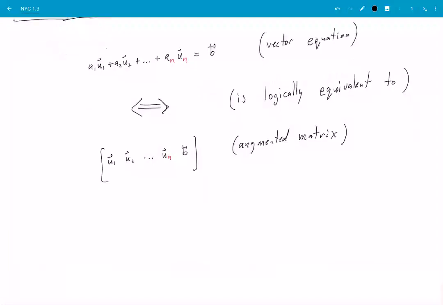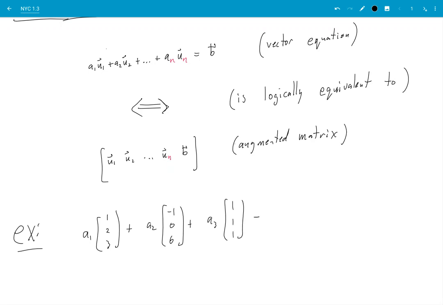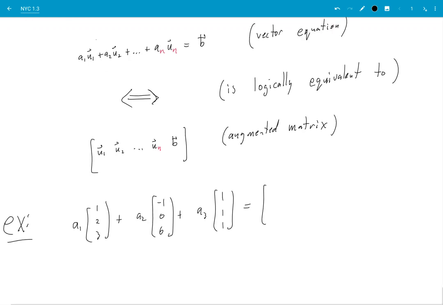Okay, so this is all a bit abstract maybe, so let's just write an example right below. So if you're trying to find, say, A1 times (1, 2, 3) plus A2 times (-1, 0, 6) plus A3 times (1, 1, 1) is equal to (2, 2, 7).